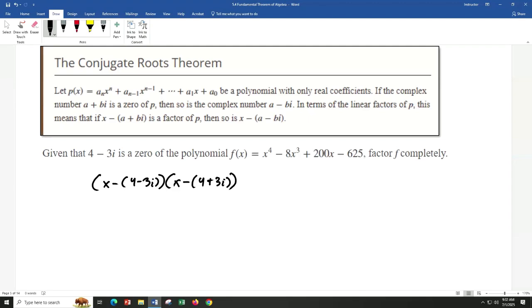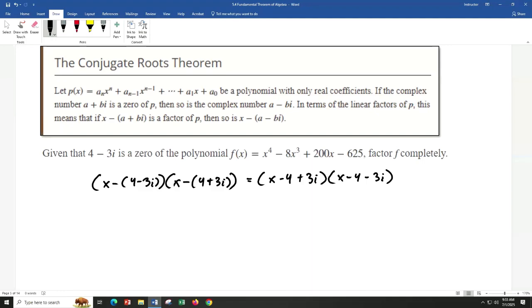I'm going to do this next part pretty quickly, okay? Matter of fact, I'm going to skip a step. You can go in and do the math yourself or look at my notes and see how I did the math. It's just a lot of foiling. Notice I'm going to go ahead and take that negative and distribute it in there so everything can get switched around. And I'm going to get x minus 4 plus 3i, x minus 4 minus 3i.